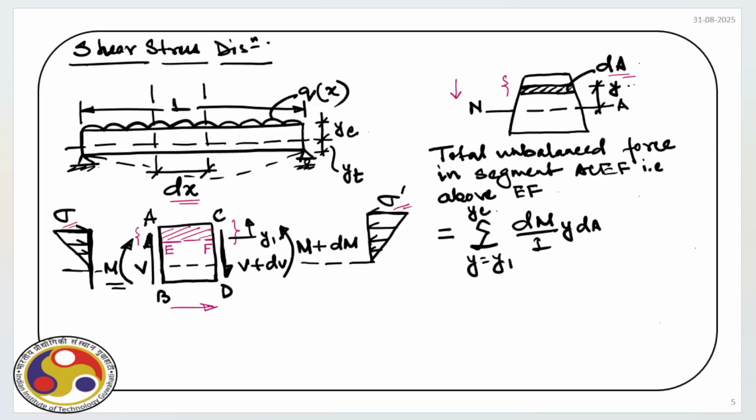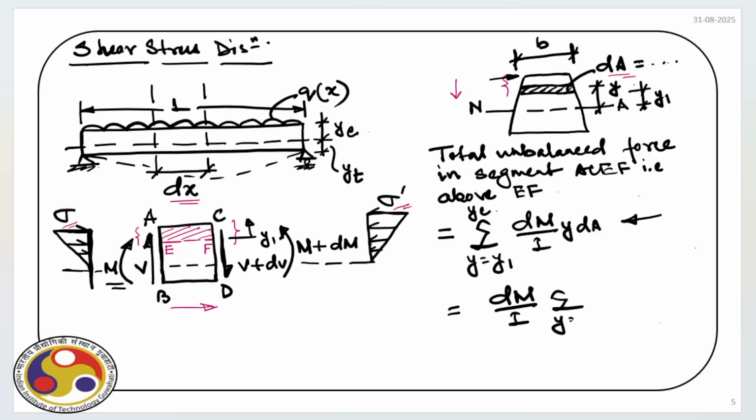At this y level, we can find out the width of the section, and if the width is b, then b times dy is basically the area, so we can also express it and integrate from level y1, somewhere here, up to the extreme fiber, which is here, yc. Now if you do that, look at this expression here. We can take this dM by I outside of the summation. So what we have is summation y equal to y1 to yc, y times dA.